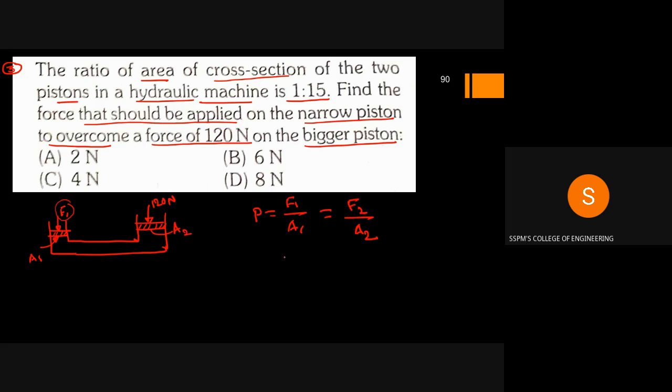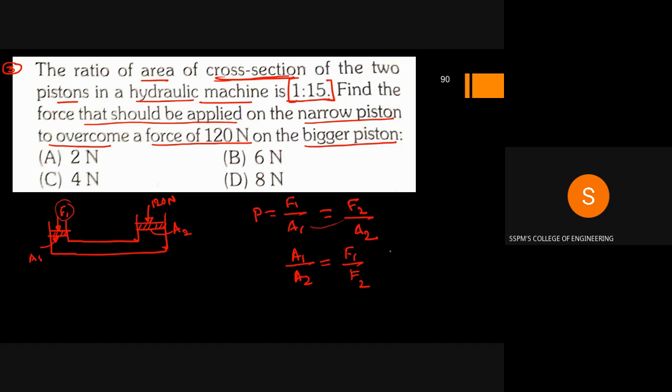Okay. Now from this we can write the equation. A1 upon A2: you can take this A1 on this side, take F2 on the left side. So it is F1 divided by F2. Now the A1 upon A2 ratio is given. The cross section area of the two pistons is in the ratio 1:15.